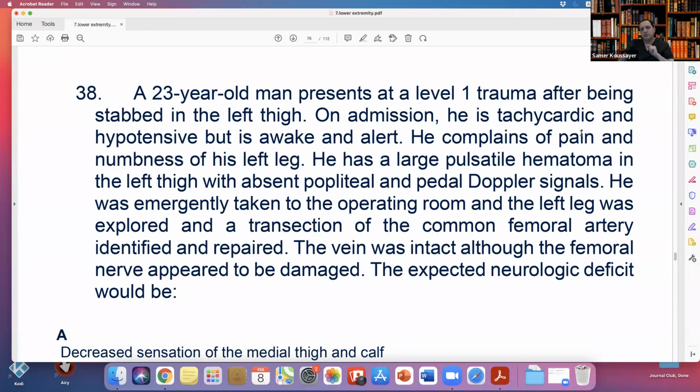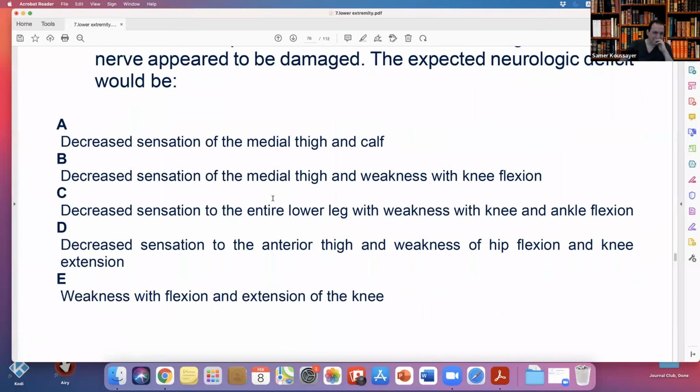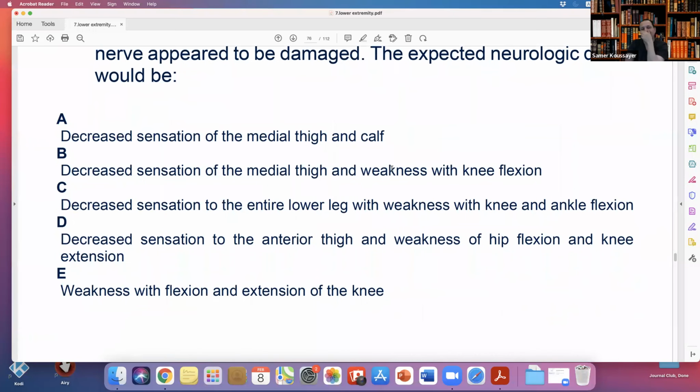Wow. Okay. So the whole question just wants to tell you that the femoral nerve is cut. So what do you expect? You have to be good in anatomy. Did you read anatomy recently? Not really. Femoral nerve, it's a tough question. Let's see if somebody has fresh anatomy.